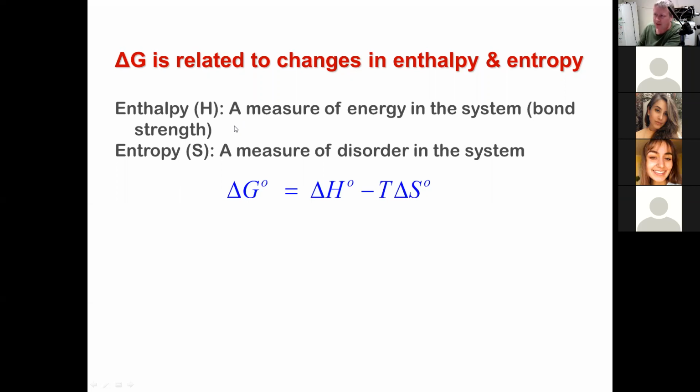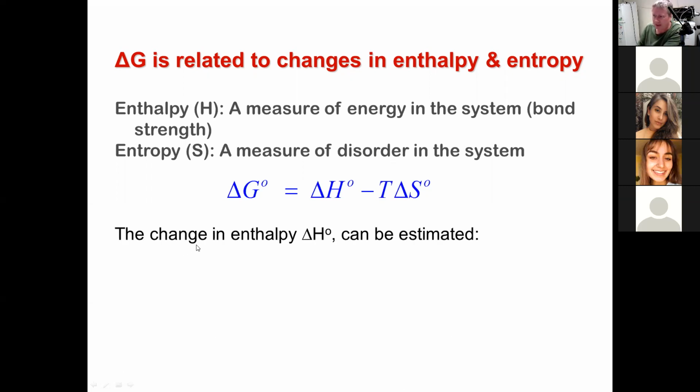If you're forming a whole bunch of strong bonds, it's favored with enthalpy. Entropy is a measure of disorder. So they're actually kind of different. Enthalpy is about the bond strengths, and entropy is the measure of disorder, okay? So delta G is delta H minus T delta S.